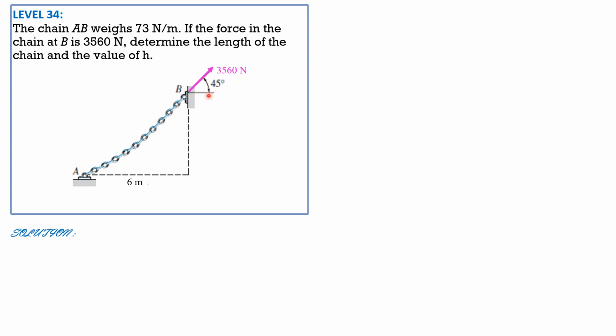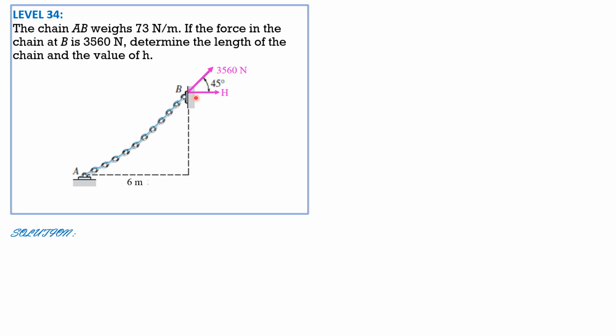So we can compute the horizontal and vertical components of tension. Since this is 45 degrees, they will be equal. Knowing the horizontal component of tension, which is also the horizontal component at A, we can solve for C, the location of the lowest point.